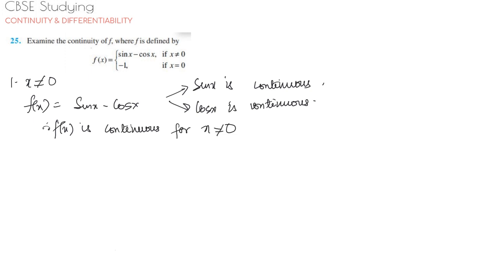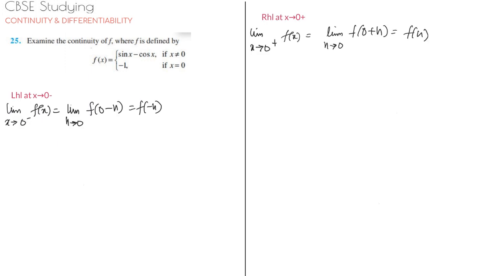Second case, when x equals to 0, f of x is equal to minus 1, and we are going to see this case by case for LHL, RHL, and f of 0. Okay, so I just wrote the basic steps just to save some time, and now I'm going to directly substitute. When x is lesser than 0, we're going to take this function. So limit h tends to 0, sine of minus h minus cos of minus h.